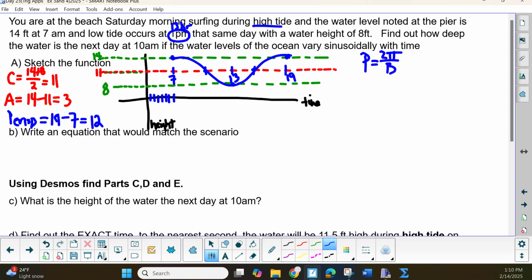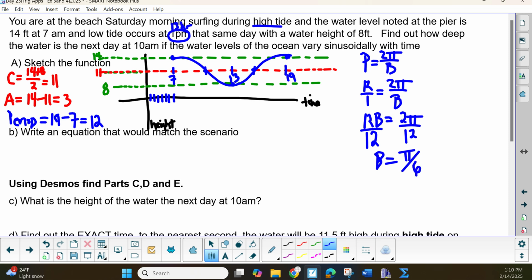I have my period, 12 over 1, is going to equal 2 pi over B. I have 12B equals 2 pi, so B equals 2 pi divided by 12, and I come up with my B value is pi over 6. So I found my B value to be pi over 6.